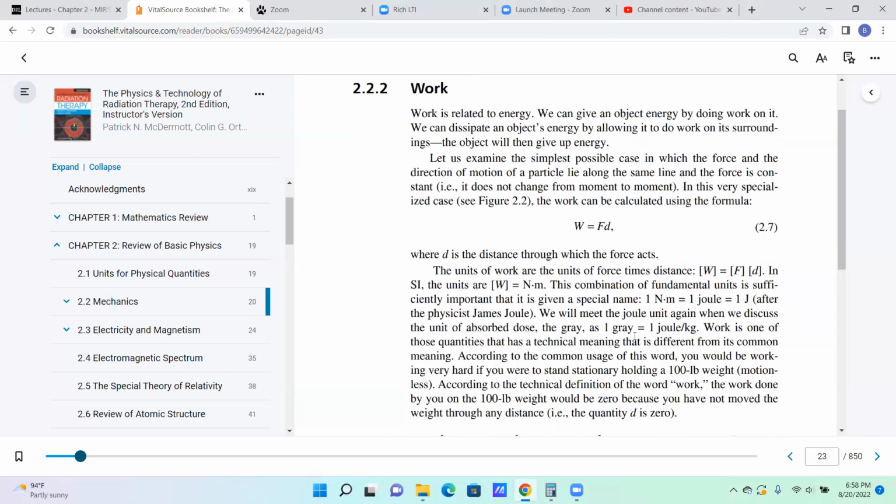We'll get to that later, but this is where it's coming from. We're taking a certain amount of energy. Energy is necessary to do work, and that work or that energy can be categorized eventually and looked at if we divide it by certain things, and eventually that will get us to the concept of absorbed dose. So that's how these concepts are starting to tie together.